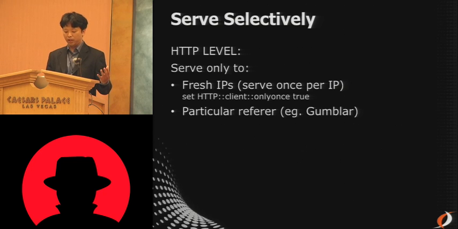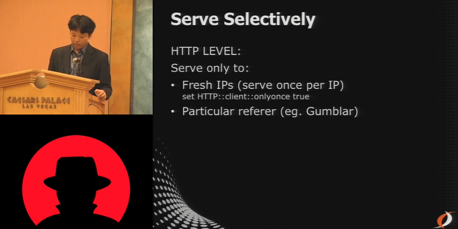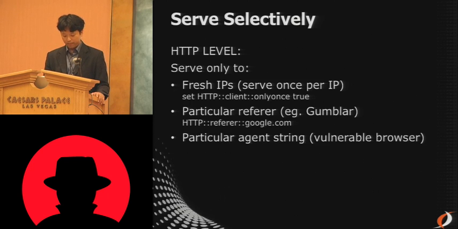Serving only to a particular referrer. For example, in our Dick.com case, if your referrer isn't Dick.com, that means you're trying to analyze me, and I'm not going to serve to you. If your referrer is Dick.com, there's a higher chance that you're a victim visiting Dick.com and then Dick.com loading that iframe. And this option is also supported in Metasploit.